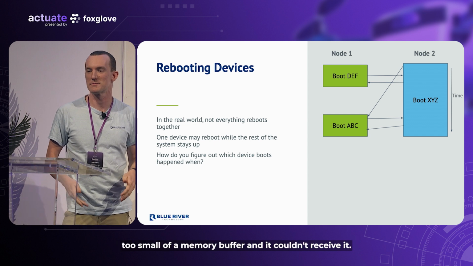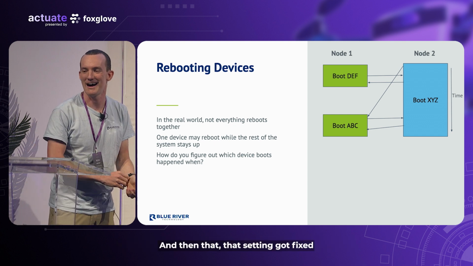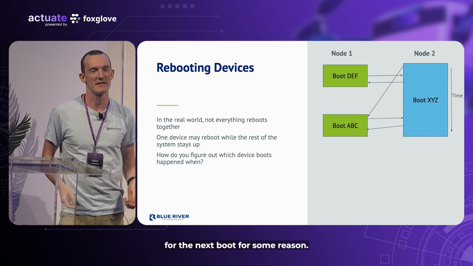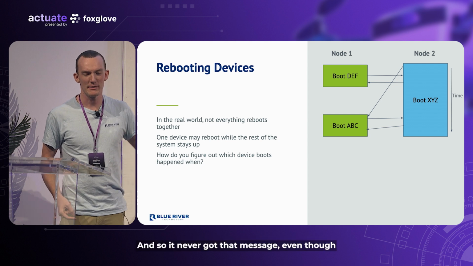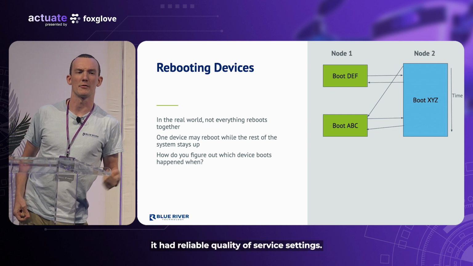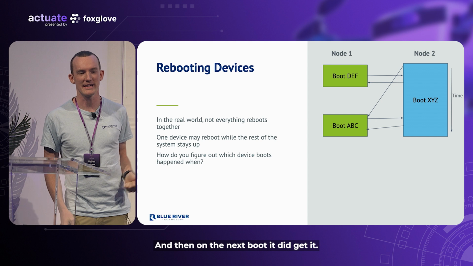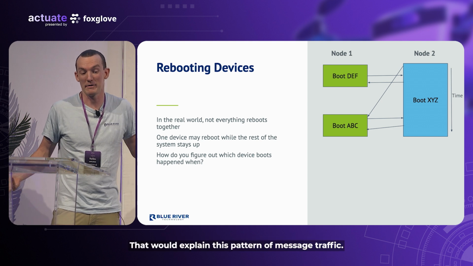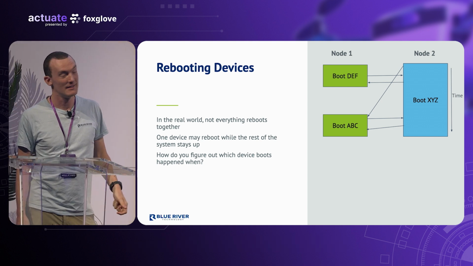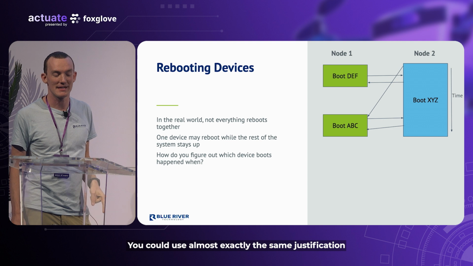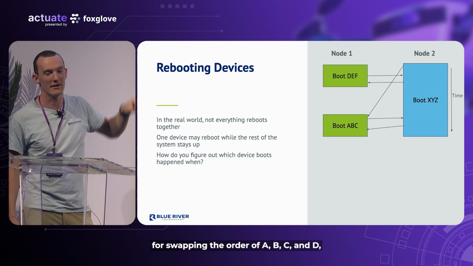Maybe it had too small of a memory buffer and it couldn't receive it. And then that setting got fixed for the next boot for some reason. And so it never got that message, even though it had reliable quality of service settings. And then on the next boot, it did get it. That would explain this pattern of message traffic. You could use almost exactly the same justification for swapping the order of ABC and DEF.